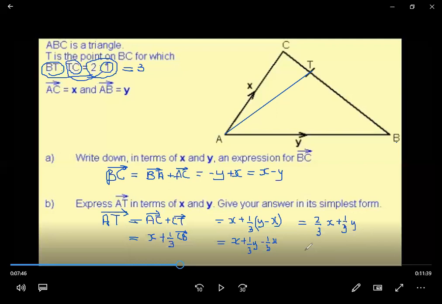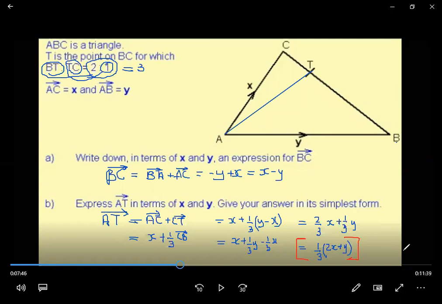And for students of higher learning, this is going to be 1/3 into 2x plus y. And as you go along, you will know why I went there. This is not a must for a question like this, so you don't have to do this.